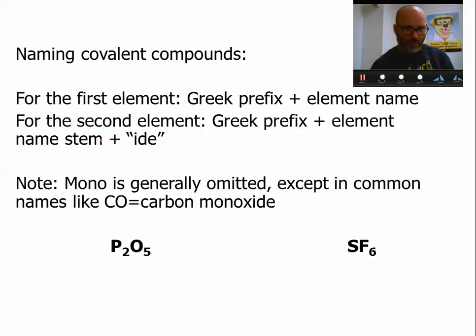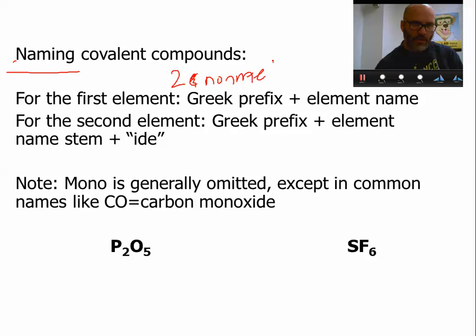First we're going to go over how to name covalent compounds. We're just doing binary covalent compounds, so they're just going to have 2 nonmetals in them. The first element gets a Greek prefix for the subscript plus the regular name of the element.